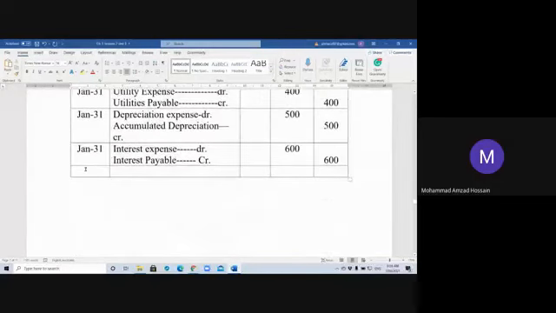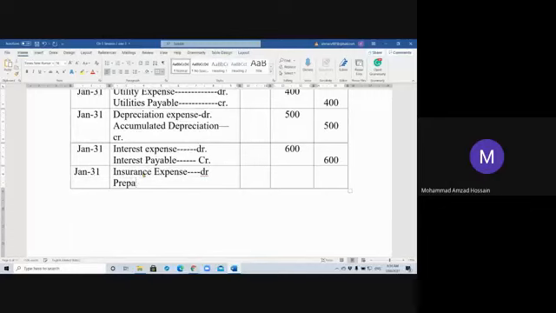So insurance expense debit, prepaid insurance, asset decrease, credit.